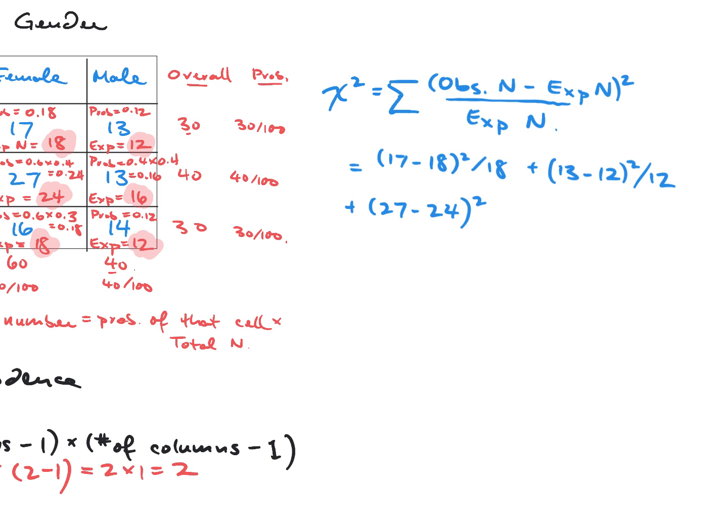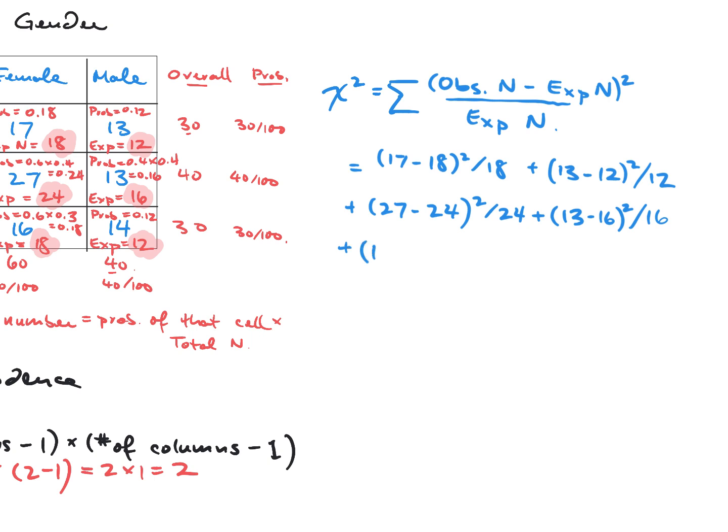Squared over the expected number, 24. Okay, middle row, second column. The observed is 13. The expected is 16, squared over 16.